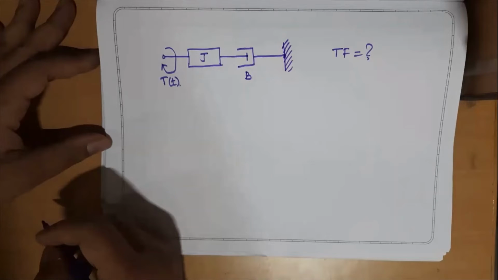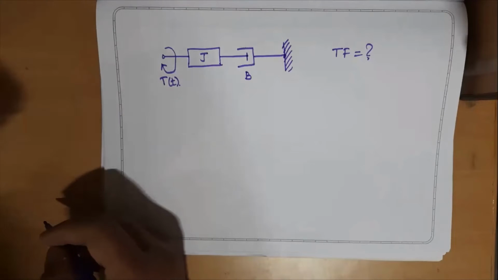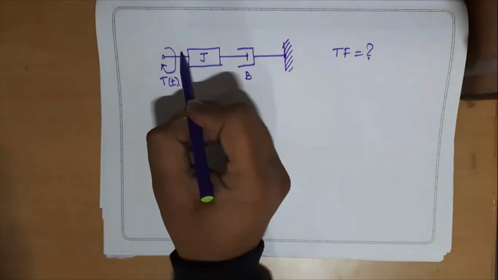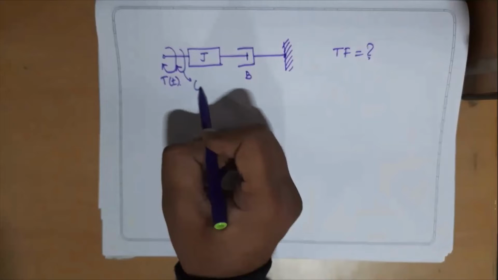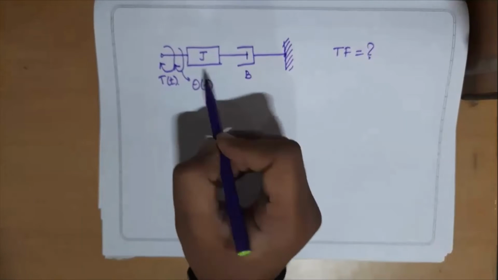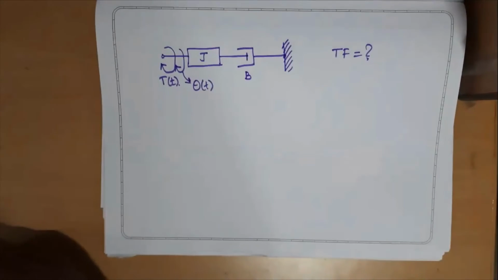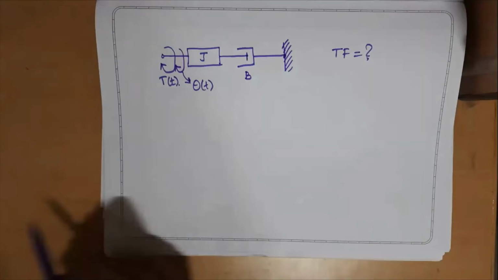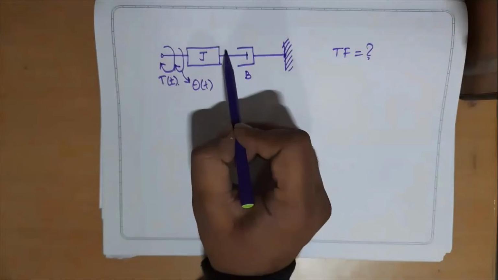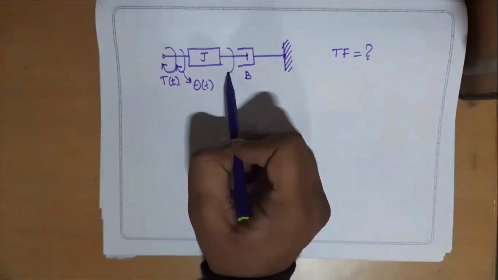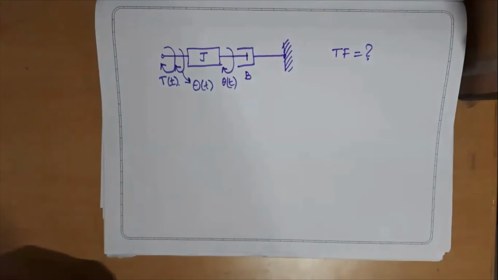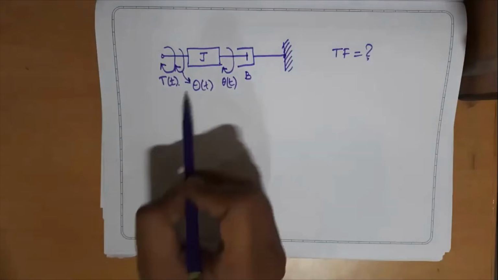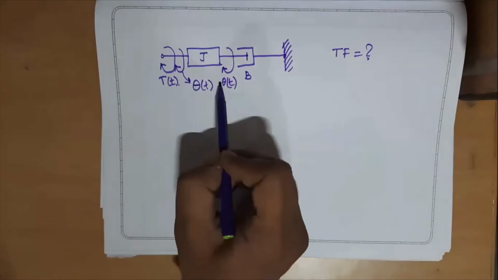So let us see how we can represent the angular displacements or output variables in this particular example. Let me mark them as theta of t, and the other side of the moment of inertia also theta of t, so both are equal.